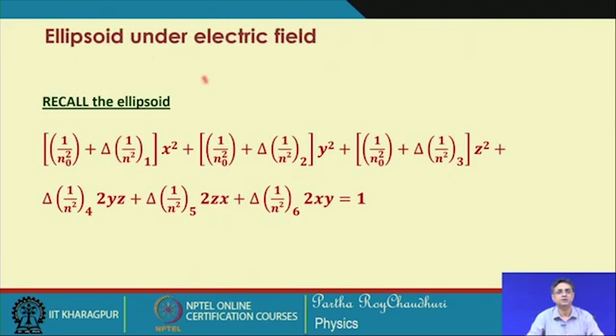So, let us now once again do this little bit of algebra and recall this index ellipsoid, which has these incremental changes in the refractive indices, permittivity, impermeability. So, this equation is once again very familiar, and we know that these are the coefficients which are attached to these cross components, that is the x y, y z, z x.